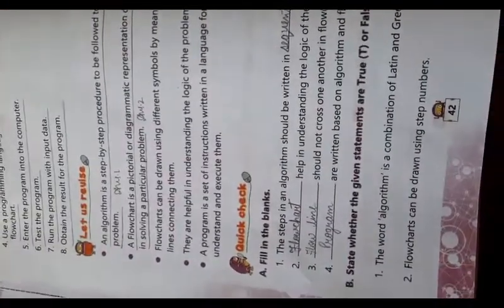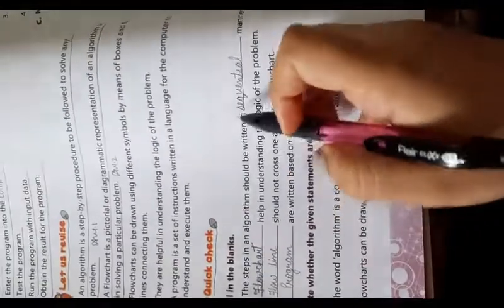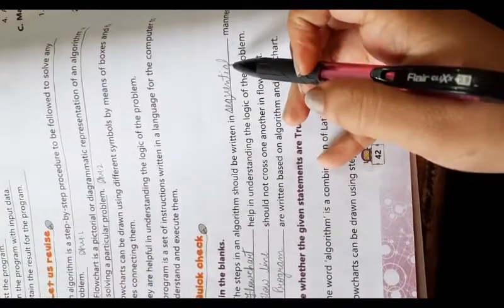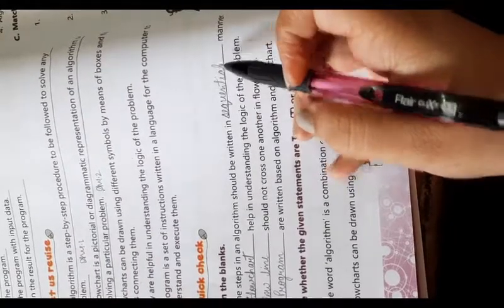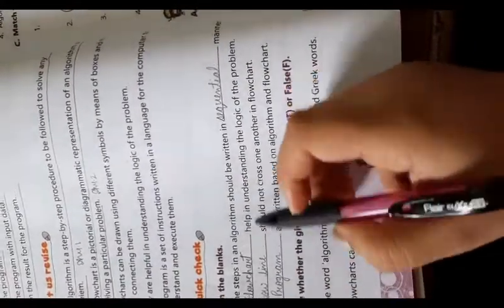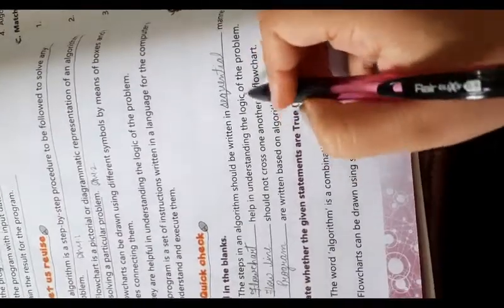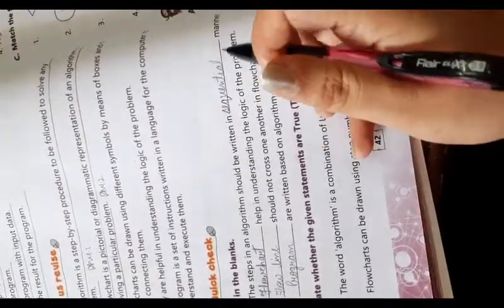Now come to the exercise. First, the steps in an algorithm should be written in a sequential manner. Second, a flowchart helps in understanding the logic of the problem.